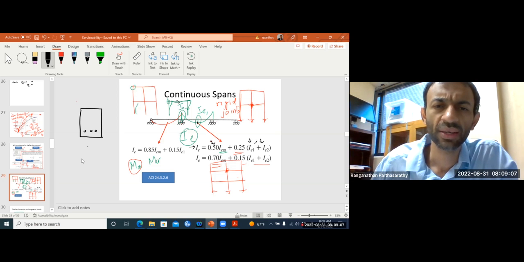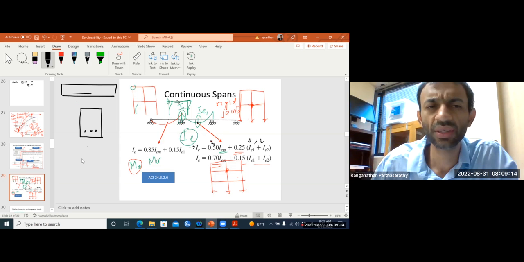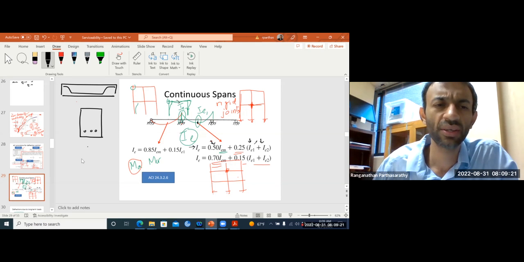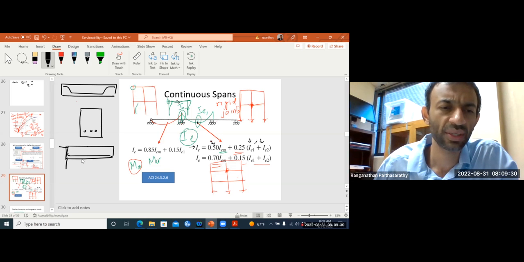Remember from your undergrad, how do you put your steel? This is your tension steel at the bottom. You can either bend it and take it there to get your tension steel, or you could just stretch this all the way and give your development length into, this will generally go into the column. This can go through if it is continuous.